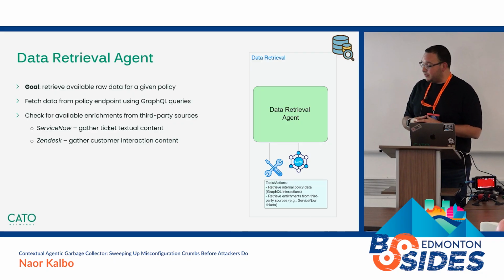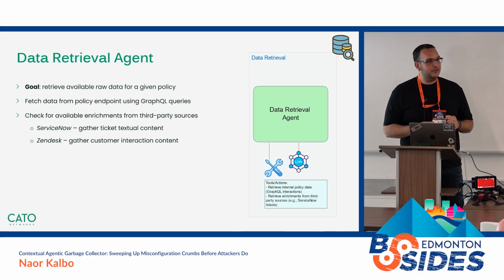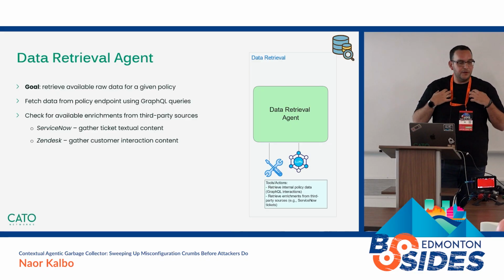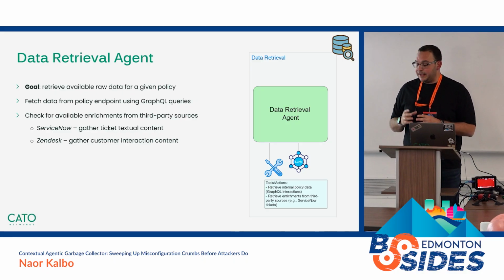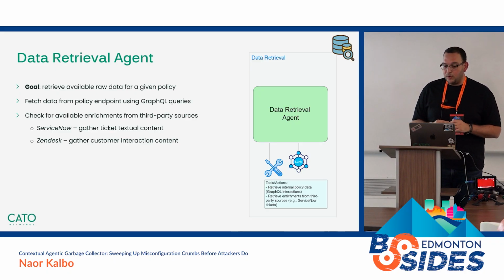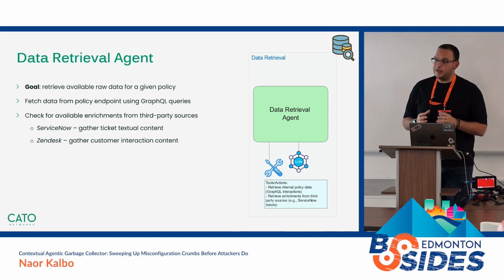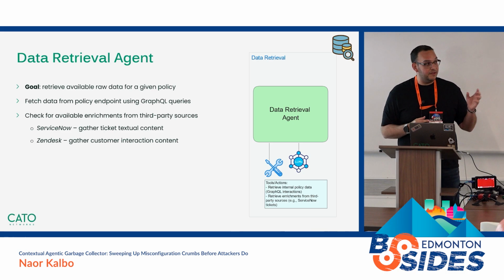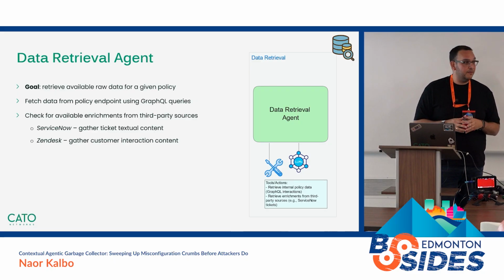So this agent can fetch data using some GraphQL queries that we use in our backbone, which is why GraphQL. It can also check and pull enrichments from third-party services, for example, contextual ticket enrichment from ServiceNow or customer interactions from Zendesk.